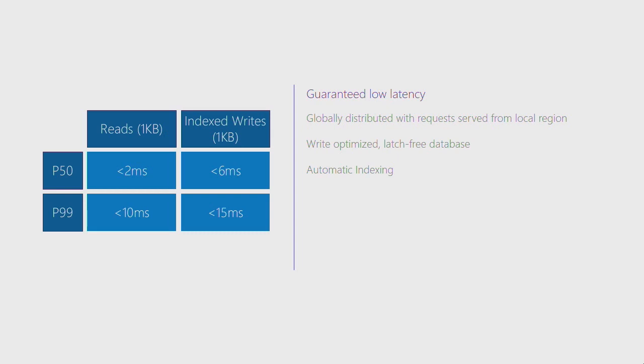Cosmos DB takes that one step further, in which we actually are the very first cloud service to offer an SLA on latency, in which if we benchmark on a typical 1 kilobyte record, you will see reads, typically around point reads, P50 at less than 2 milliseconds and P99 less than 10 milliseconds. What that means for you is we put the SLA on P99, so you get performance not just in the best case scenario, but you actually get predictable performance so that you can bet mission critical workloads on this.